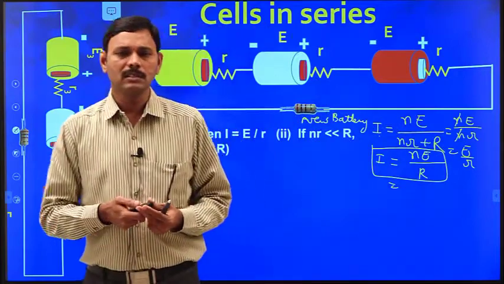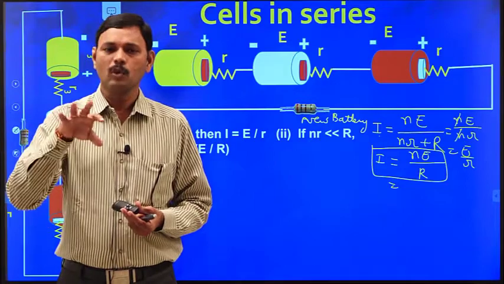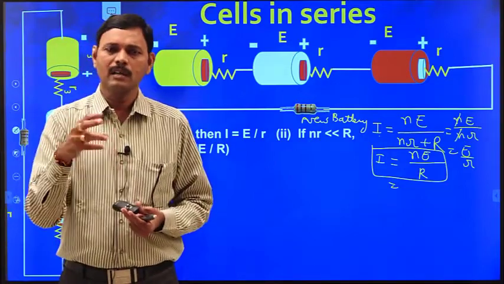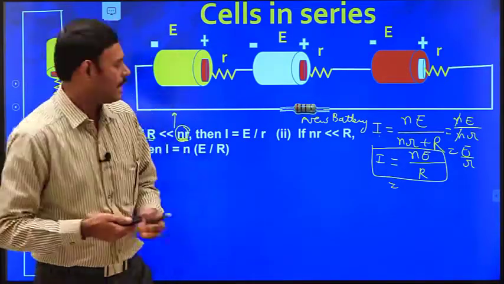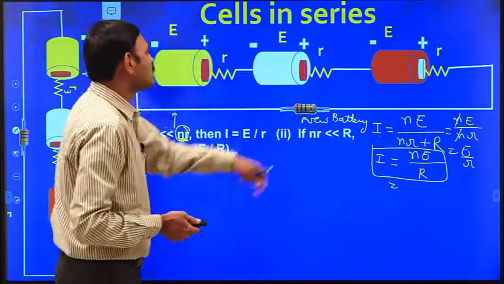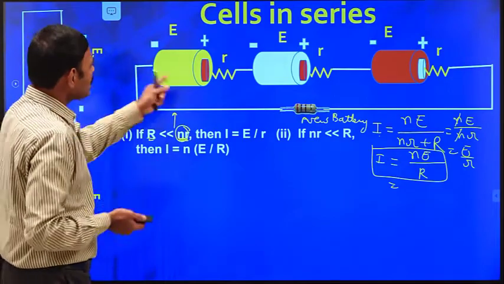A used battery is useless because the current given by a used battery, though it has so many cells combined, is equal to just one cell. Whereas in a fresh battery, the effective EMF becomes nE, and the current produced by a new battery is nE by R. So, when internal resistance is negligible, we must use a series combination of cells.